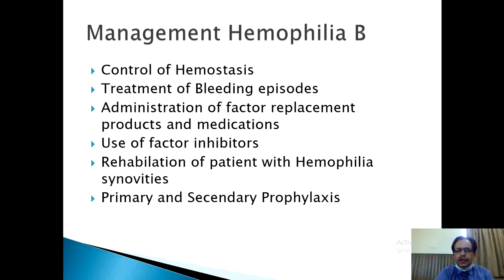The use of factor inhibitors is also a modality in hemophilia B patients. Then rehabilitation of the patients in hemophilic synovitis, or in cases where the joints are the major targets of the disease. Then primary and secondary prophylaxis is also considered, rather done, in cases of hemophilia B.